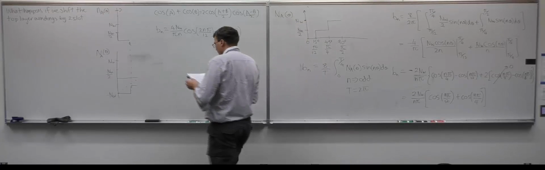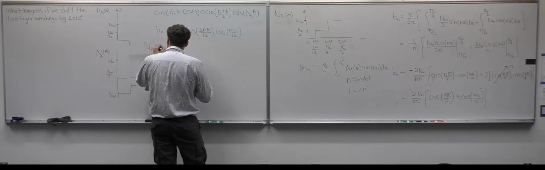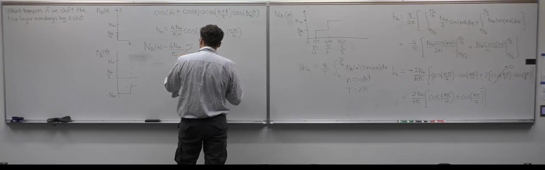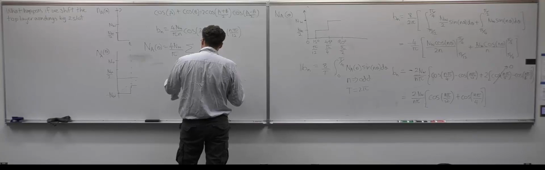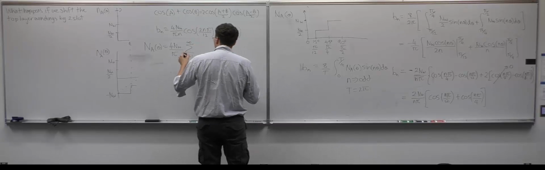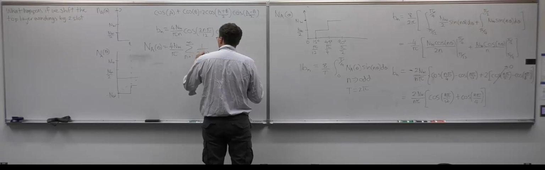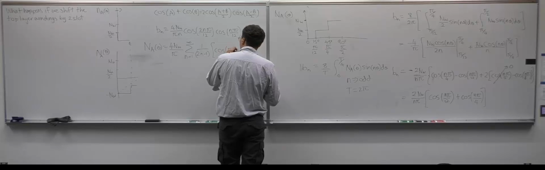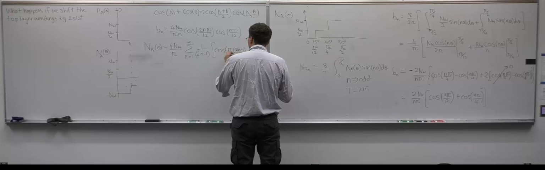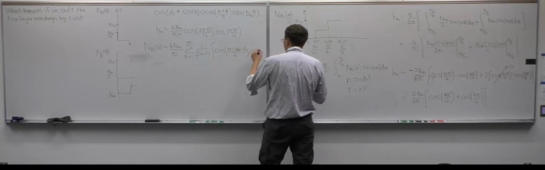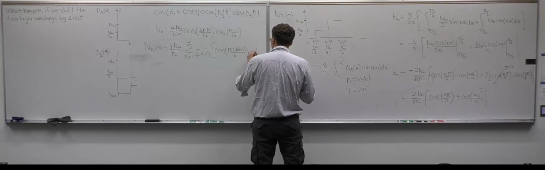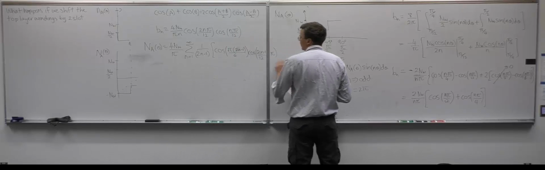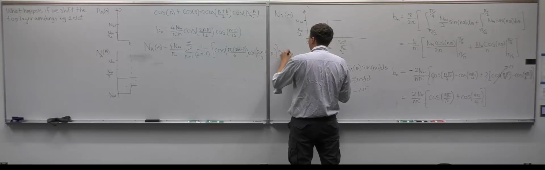So now putting it all together, we have N_A theta is equal to 4 N_A NW over pi, and summation n equals 1 to infinity, 1 over 2n minus 1, cosine pi (2n minus 1) over 6 times cosine (2n minus 1) over 12 pi, and that's times sine n theta.